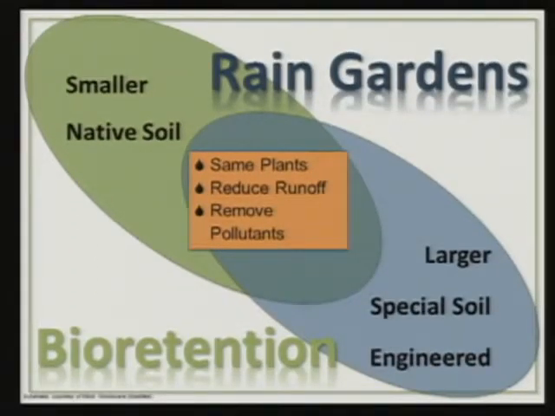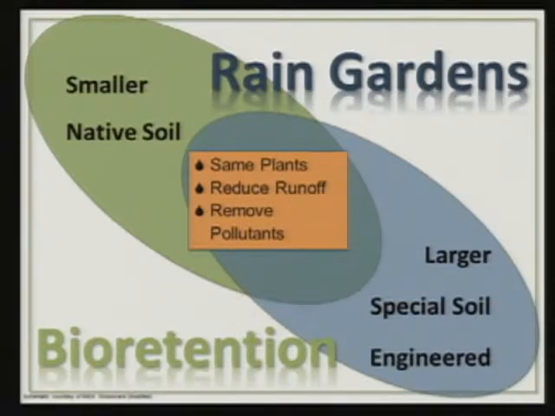Rain gardens and bioretention are similar practices. They do have the same plants, they both reduce stormwater runoff, and they both are aimed at removing pollutants. However, rain gardens are smaller practices. They can be installed in your backyard. They use native soil, whereas our bioretention areas are large systems.